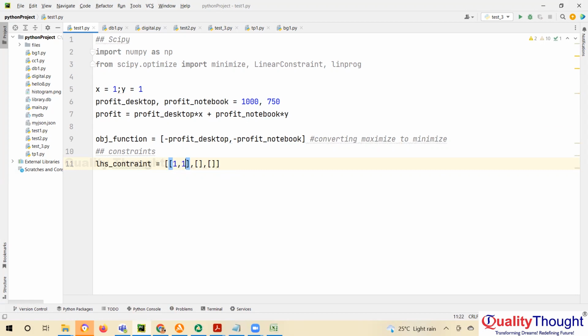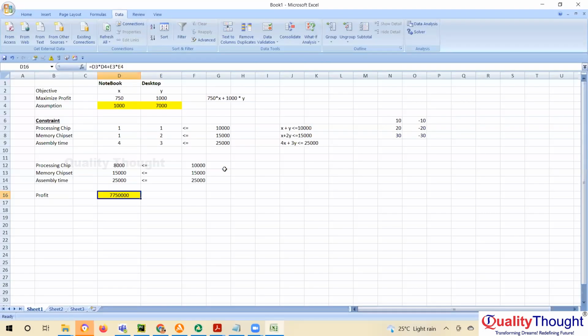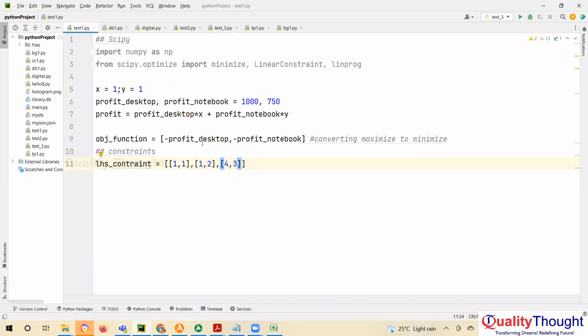X is notebook, so we have to maintain the reverse order: first notebook, then desktop. This is our left-hand side constraint.